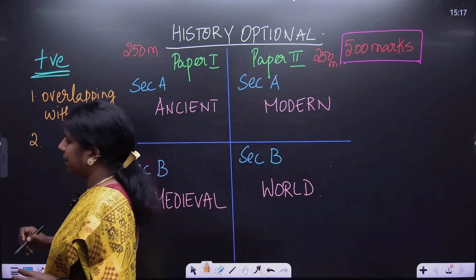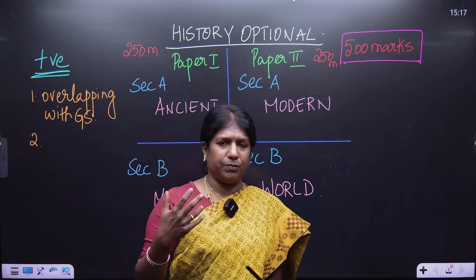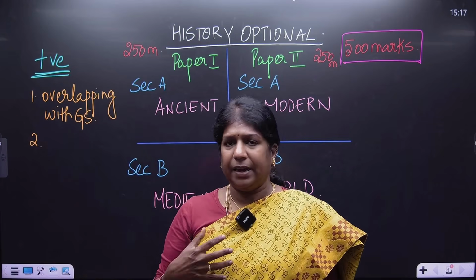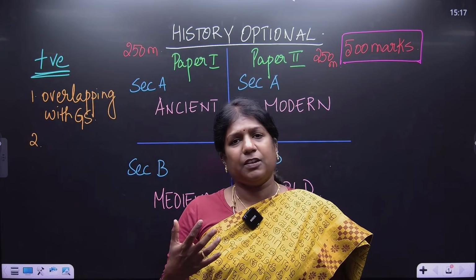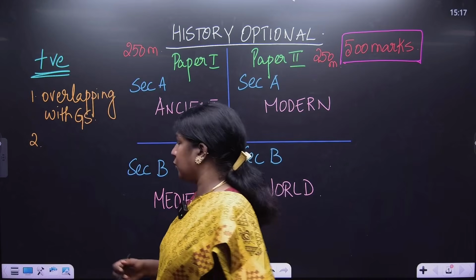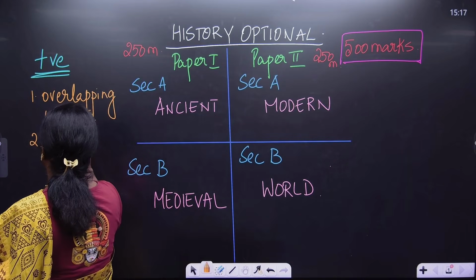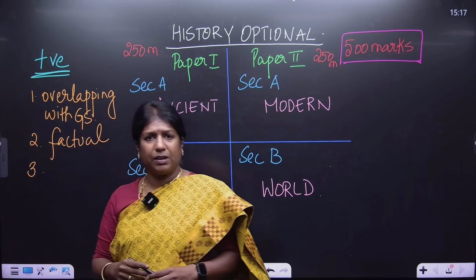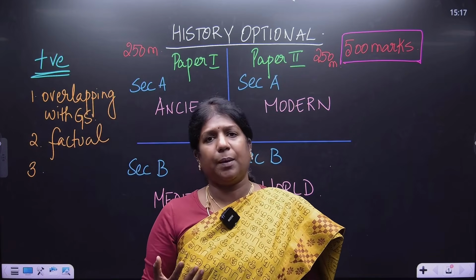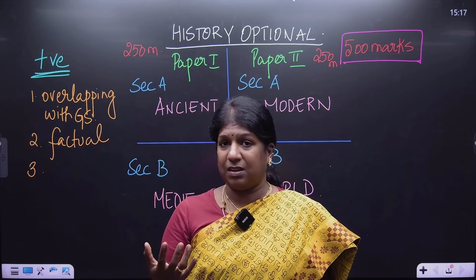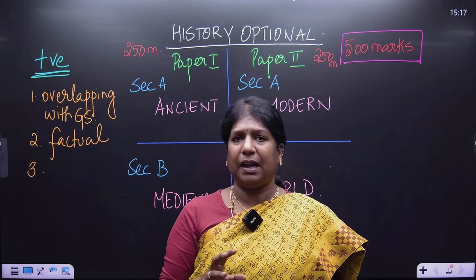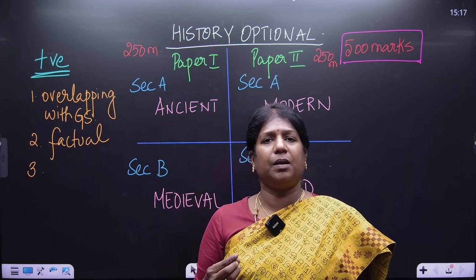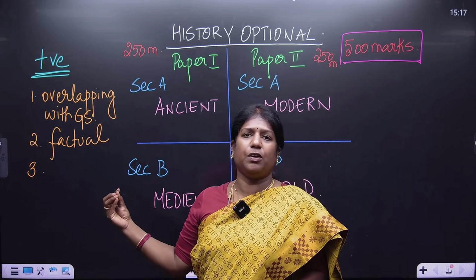And the second thing: there is a general ideology that it is not scoring. History is a factual subject. So the second advantage is that it is a factual subject. If you have the retention capacity, if you are able to memorize and remember all the years, events, battles, and kings in a chronological pattern, this subject would be yours.